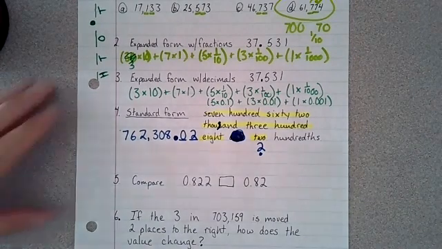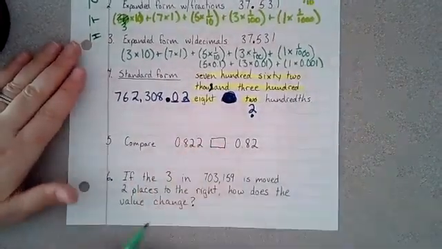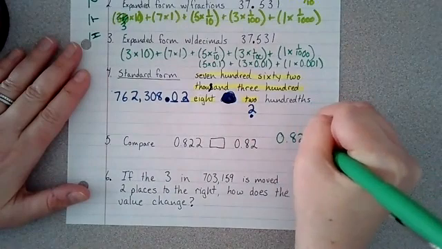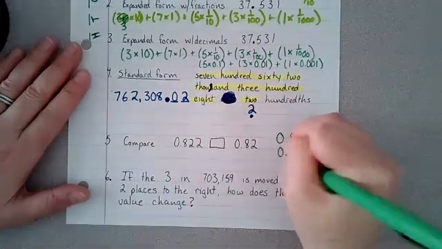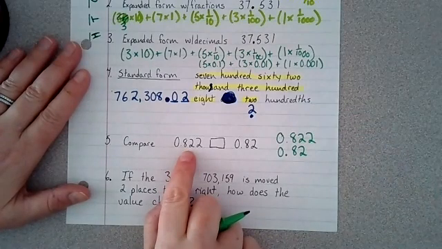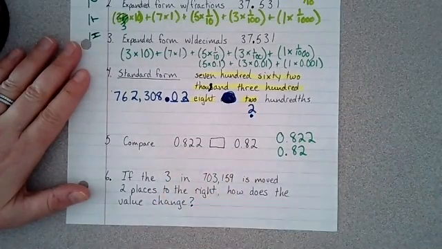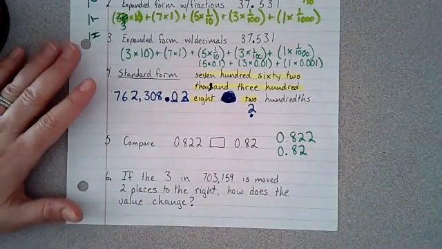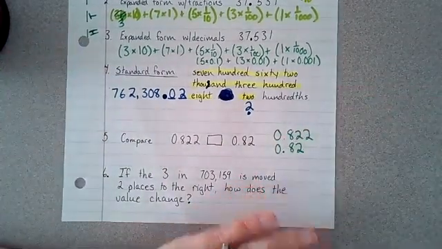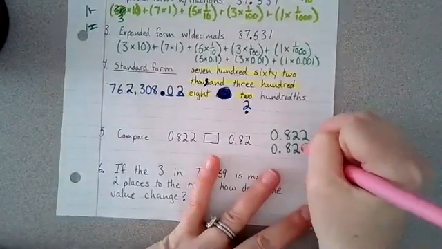All right, if I'm going to compare, I got to line them up. Line them up, line them up, line them up. Okay, so a lot of kids think to themselves, well, this is easy. 822 is bigger than 82. Not necessarily, okay? So you got to line them up, drop your 0 in the hole, and then you can compare them.